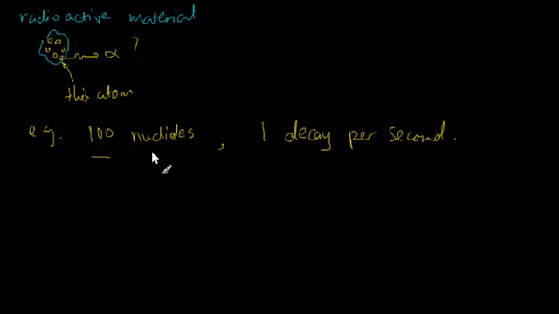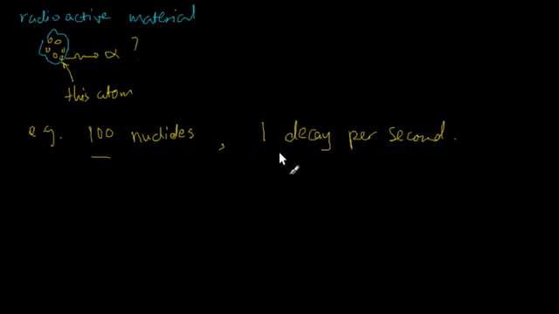We have no idea which one. If you just look at one, there's no way you'll know whether it will decay. But if I look at 100, and I know that on average there'll be one decay per second, then what you would find is that most likely, every second one of these will decay. But you don't know which one. In that sense it's completely random.